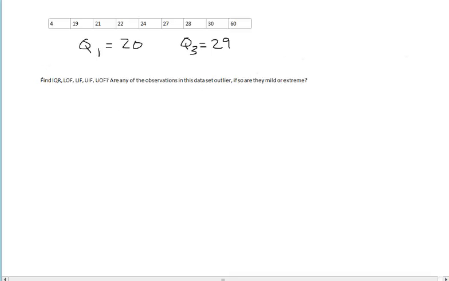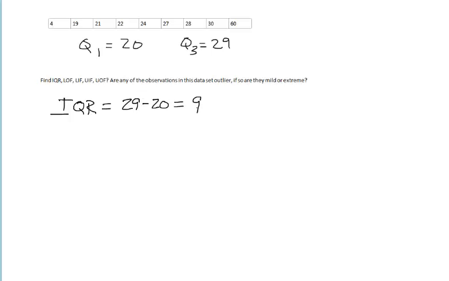So the first thing that I'm going to find is IQR. So IQR is equal to Q3 minus Q1, or 29 minus 20 equals 9.